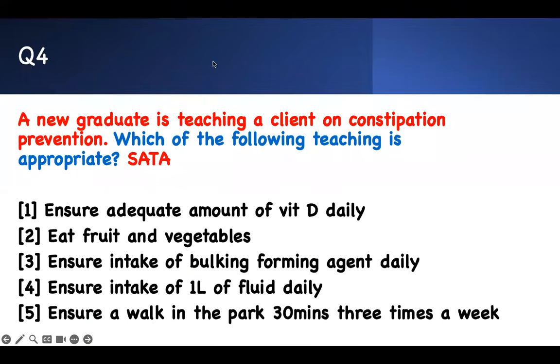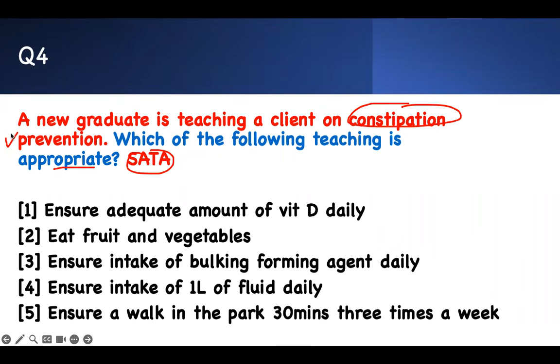Number 4. Select all that apply. You can see I start moving from the back. That's the way I answer questions, so that's the way you should do it. Which of the following teaching is appropriate? Looking for appropriate teaching. A new graduate is teaching a client on constipation prevention. I want to prevent constipation. Key facts: hydration, fiber, exercise.